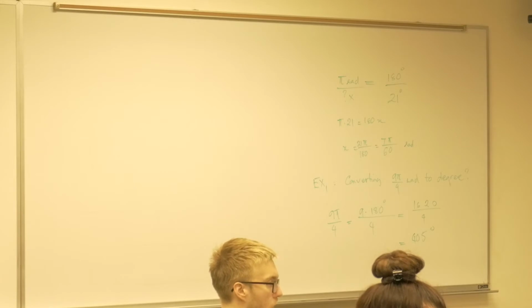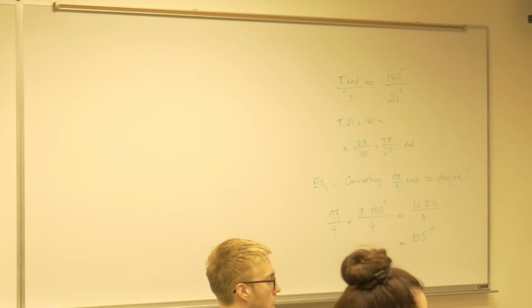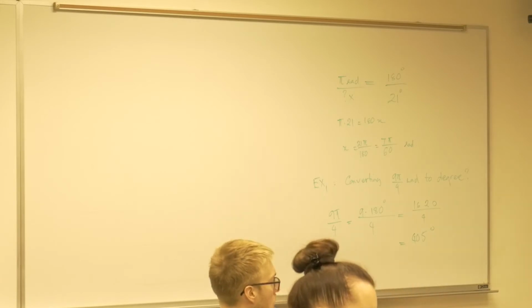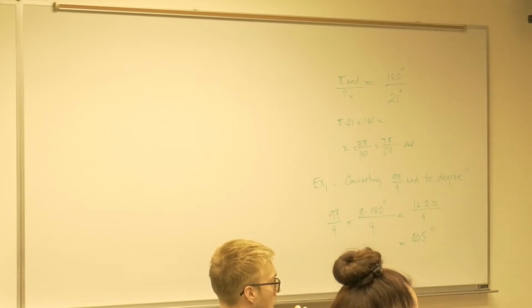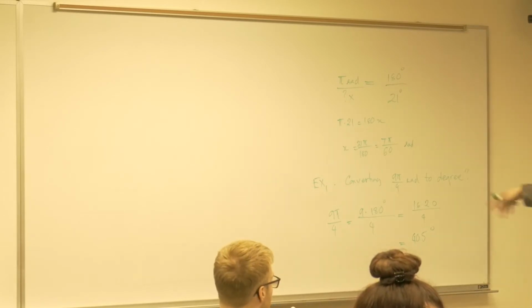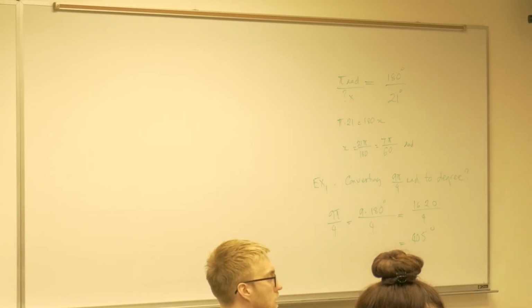If you don't remember, then you just go ahead and start with proportion. But I mean, come on. There's only one relation here, pi equal to 180. Too easy. You use that everywhere. You just go ahead and replace the pi with 180 and everything will be in degree units. Okay.